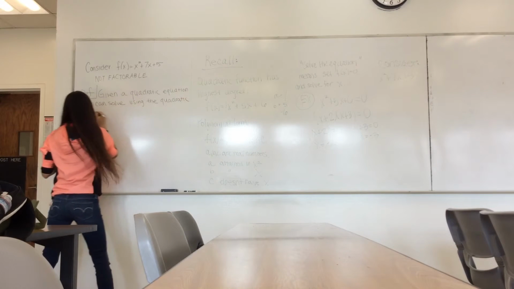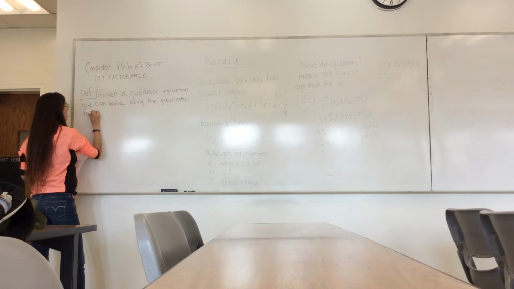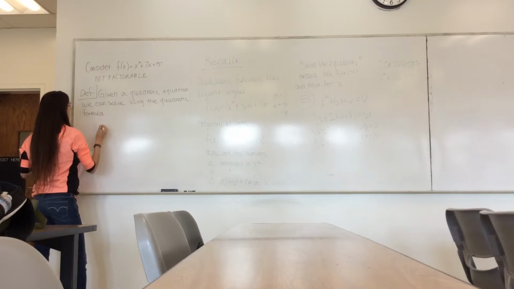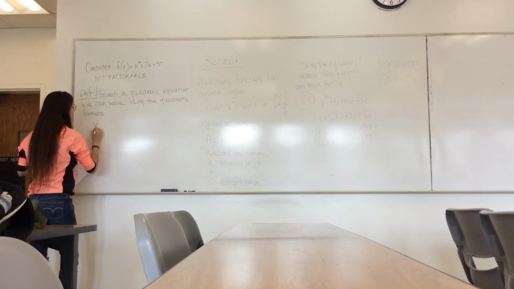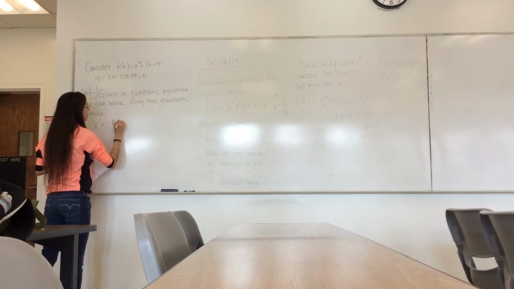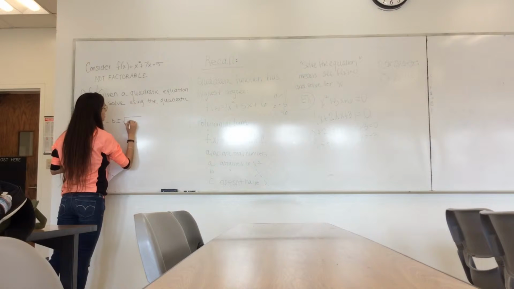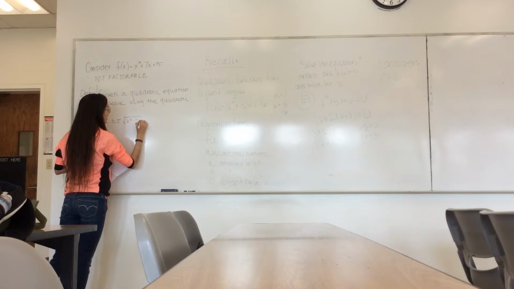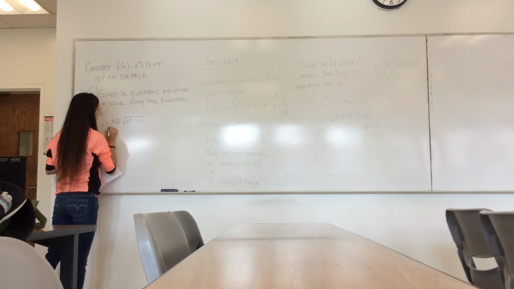We may have seen it before from previous algebra courses, but this is what it is. x is equal to -b plus or minus the square root of b squared minus 4ac, all over 2a.